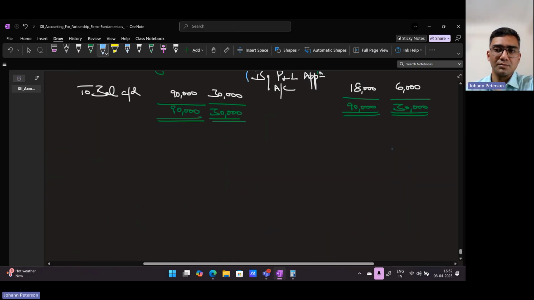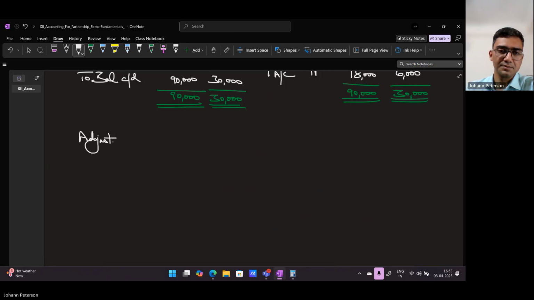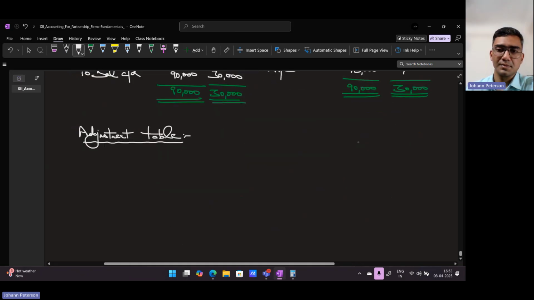Now, if we go to making an adjustment table, since we have to pass a single entry, we'll go to an adjustment table. This is of A and B.